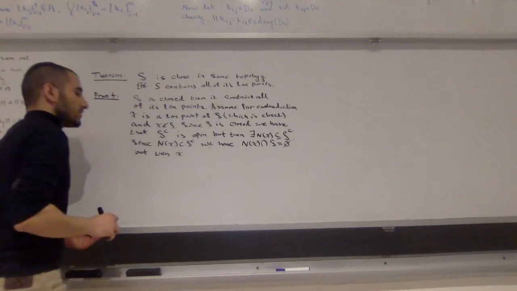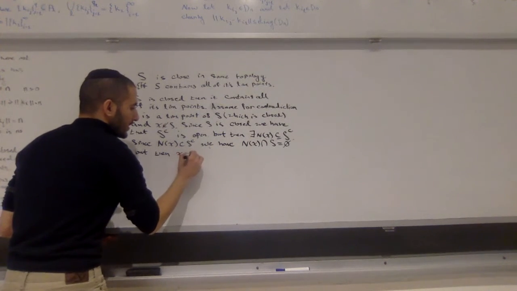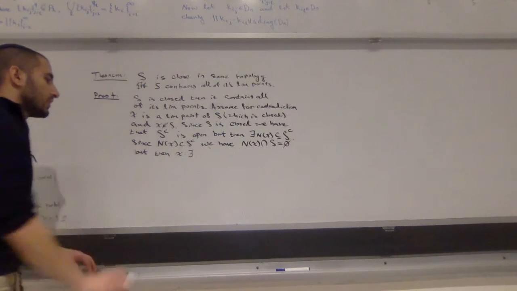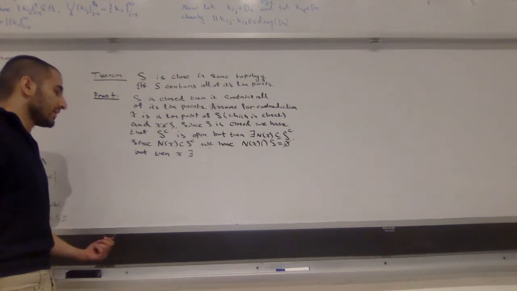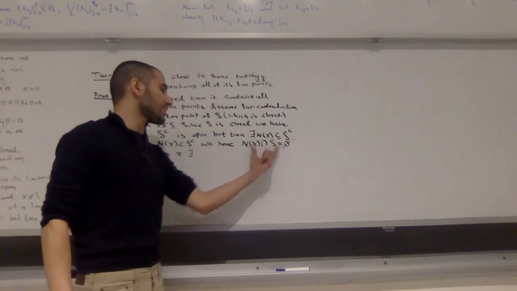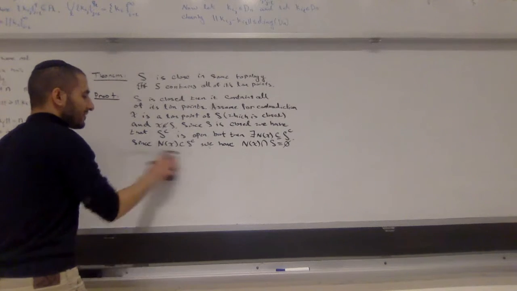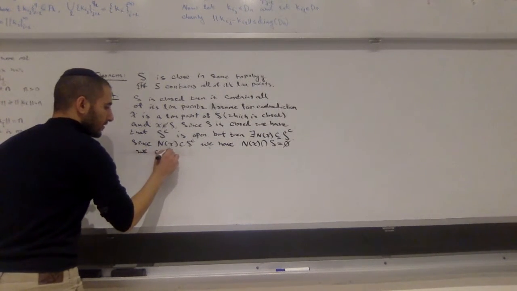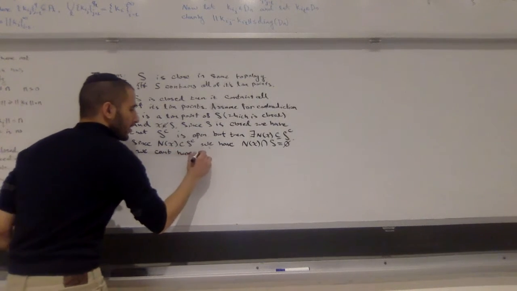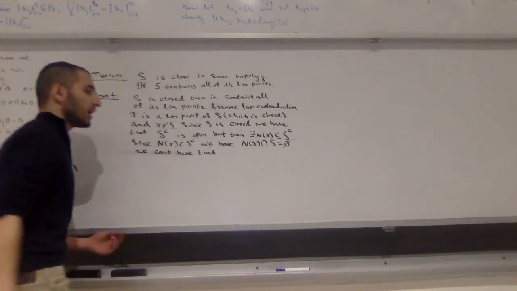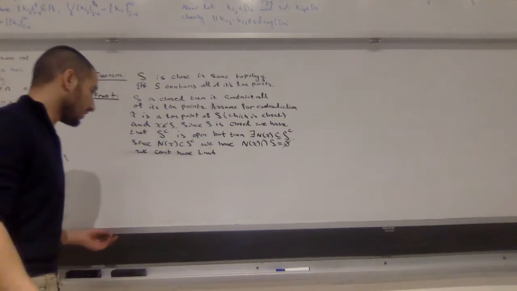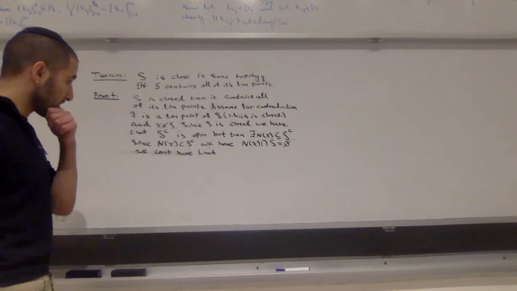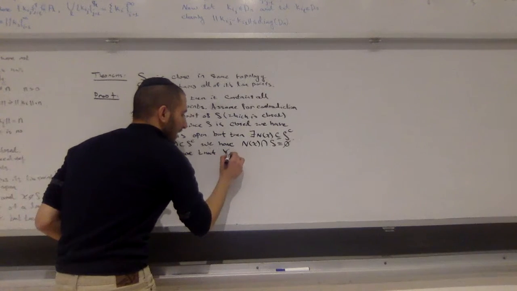X is such that there exists, but since this intersection is empty, we can't have that for any epsilon.